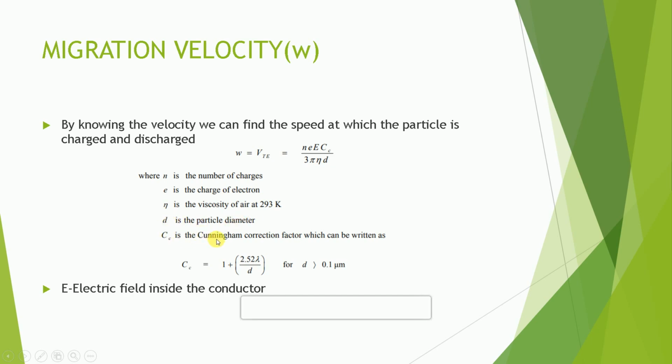Cc is the Cunningham correction factor, which can be written as Cc equals 1 plus 2.52 lambda by d for dust diameter greater than 0.1 micrometer, and capital E represents the electric field inside the chamber. Based on this, we can experimentally find the efficiency of the chamber.